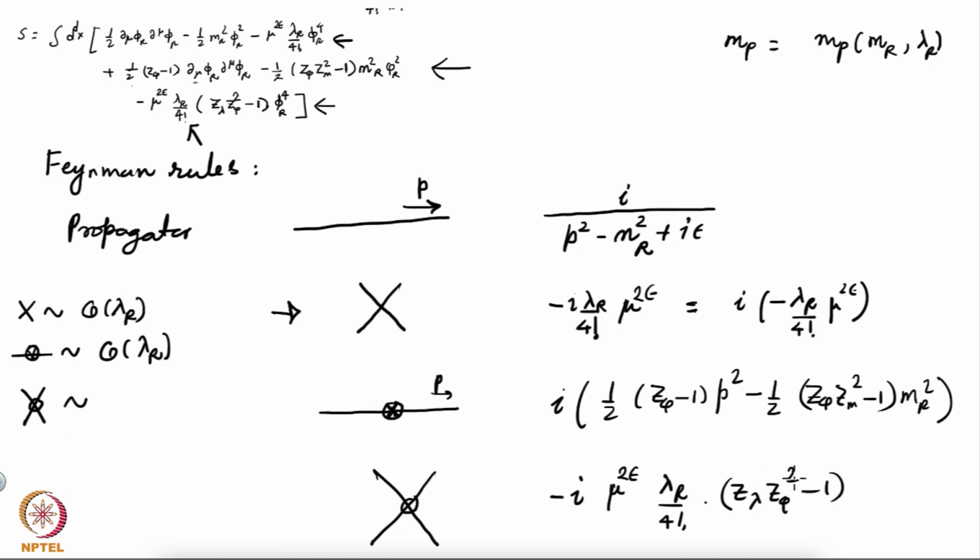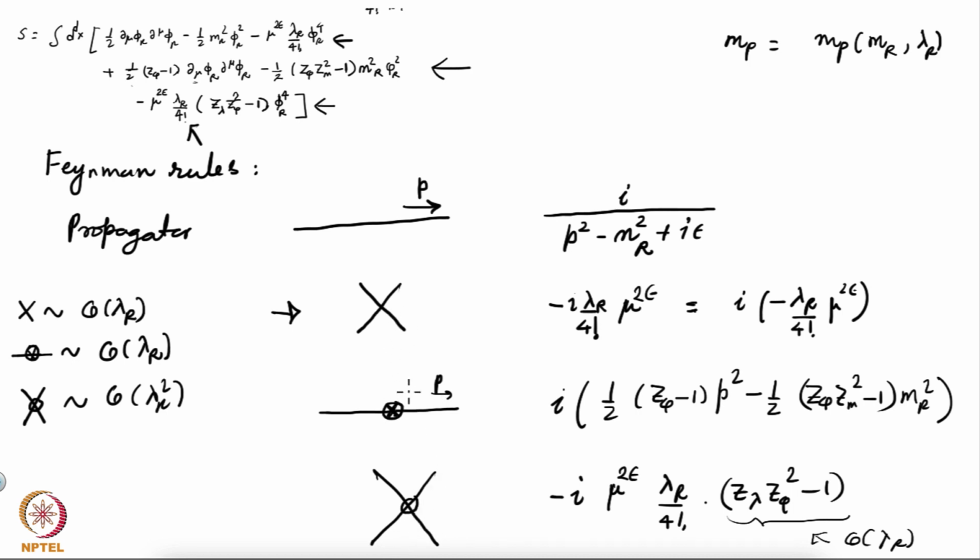And the next term will be of order lambda r. That order lambda r term times this lambda r makes this vertex order lambda r square. So this is a vertex that is of higher order compared to these 2 vertices.